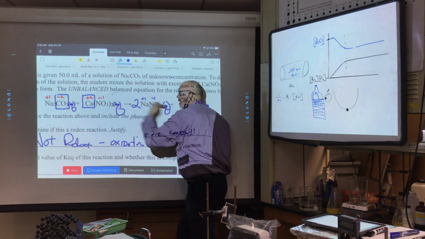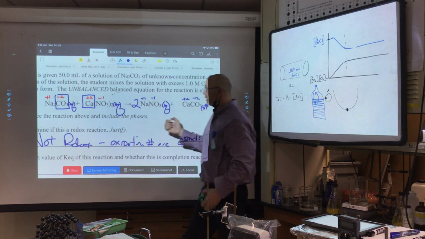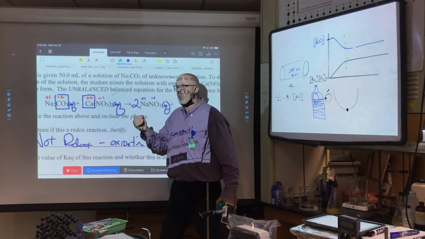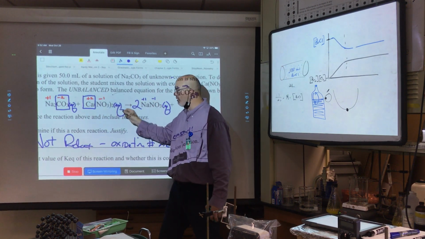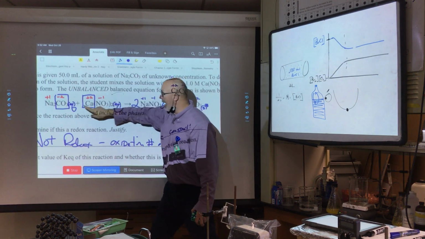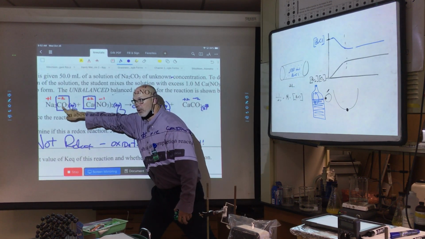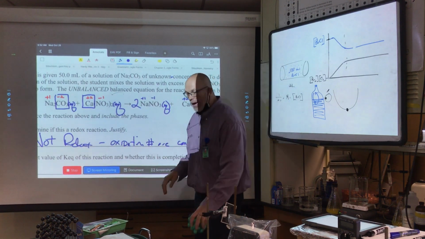This is very spontaneous. This is a completion reaction, which means this keeps going until we run out of one of the compounds. In precipitation analysis, what this is an example of, we add the excess chemical to make sure that we lock up all the carbonate, which is what we're after, just like your lab. This is a completion reaction. The equilibrium value would be what then?